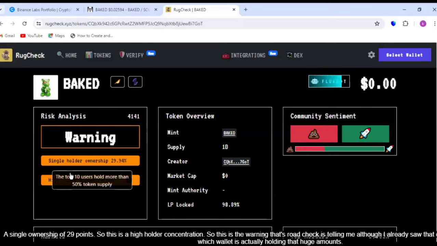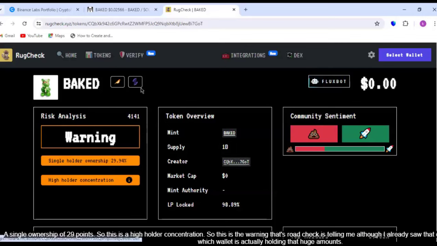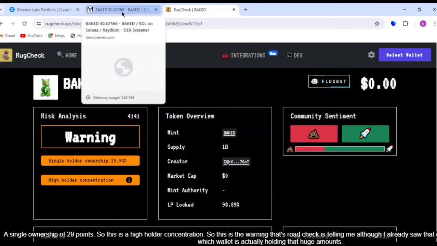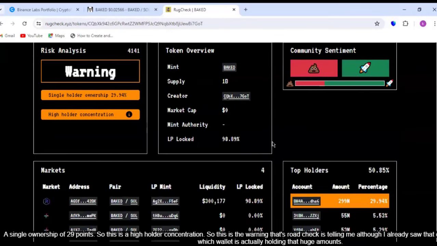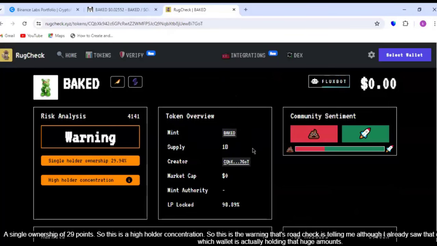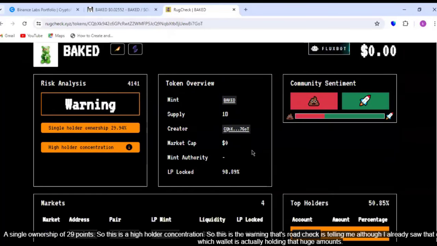This is a high holder concentration. So this is the warning that Rock Check is telling me, although I already saw that on Bubblemaps. So I would like to know which wallet is actually holding that huge amount.